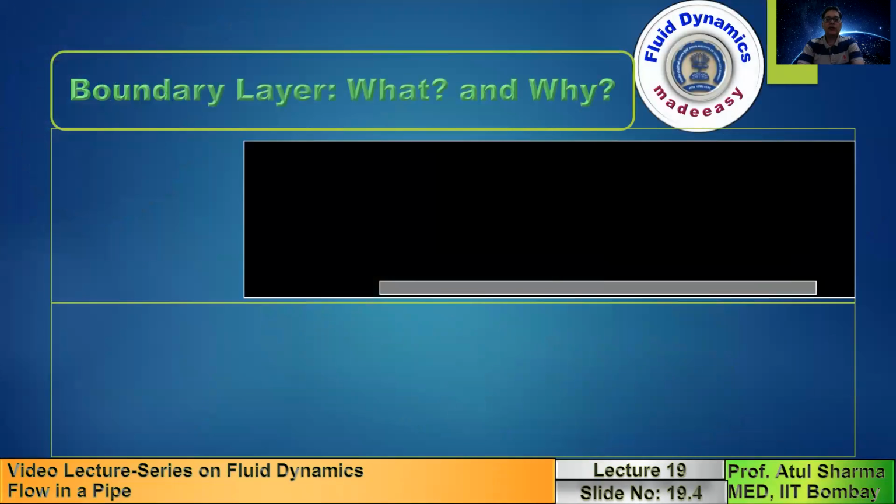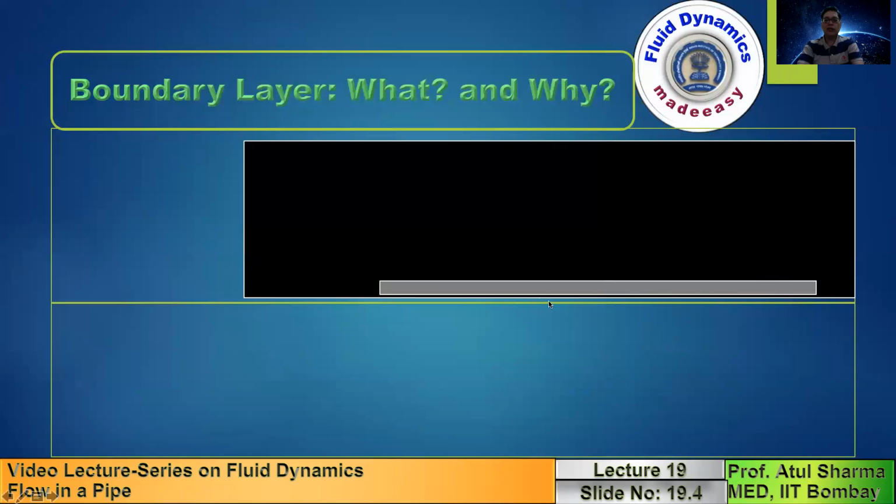So in this slide, I'll try to answer the two important questions that come to our mind in this topic: what is boundary layer and why do we study it? It is a very commonly encountered situation that flow takes place over a solid surface, which could be either stationary or moving at a certain velocity.